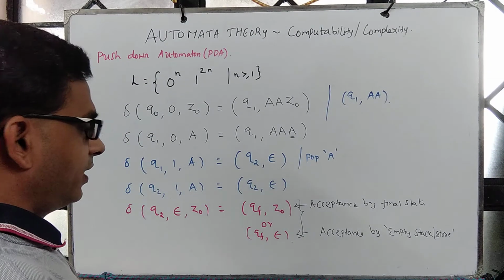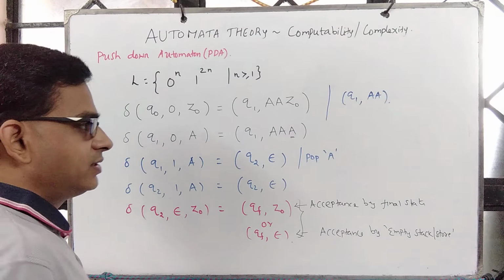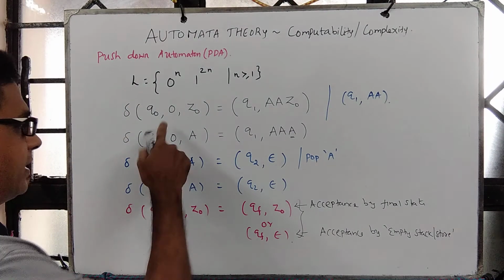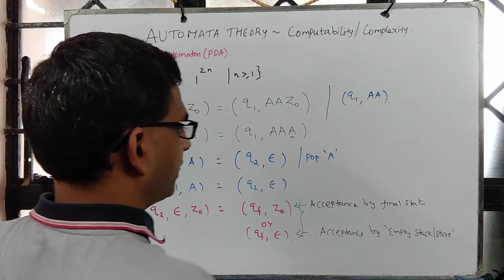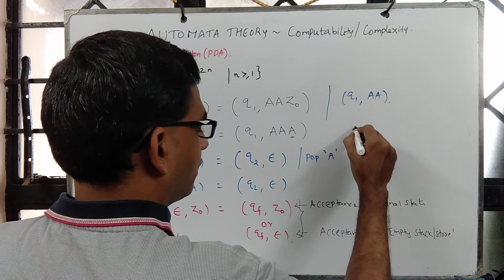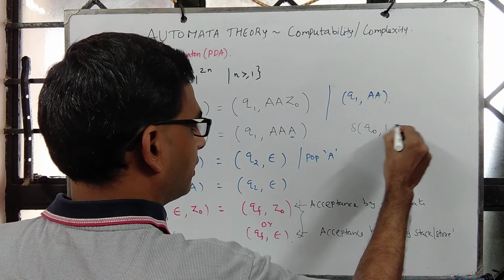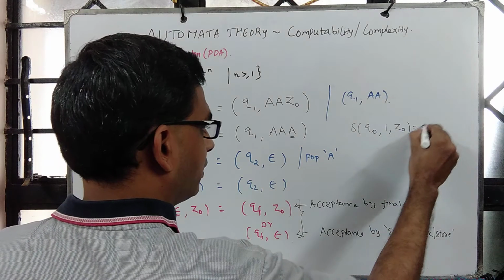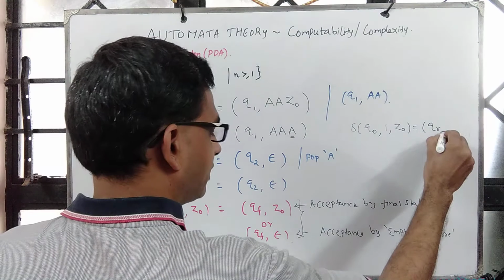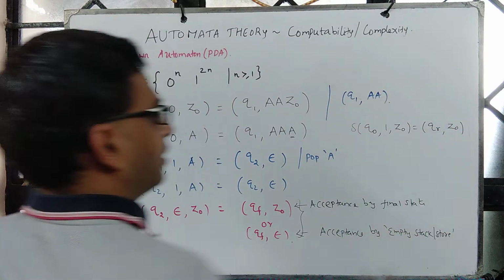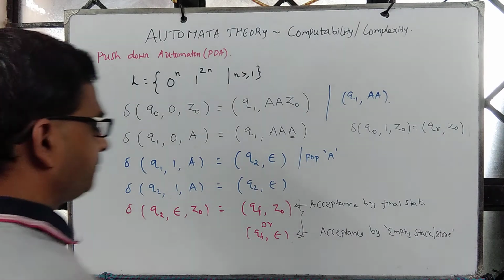Now there are a couple of more transitions which will capture the invalid inputs. For example, when we are at Q0, we read 1, top symbol is Z0, then we must reject. So we go to a state called QR. That is one case.